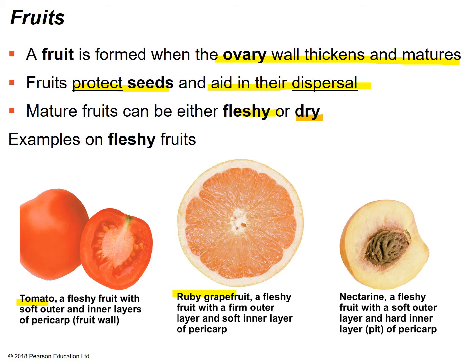Ruby grapefruit, a fleshy fruit with a firm outer layer and soft inner layer of pericarp. Nectarine, a fleshy fruit with a soft layer and a hard inner layer of pericarp.